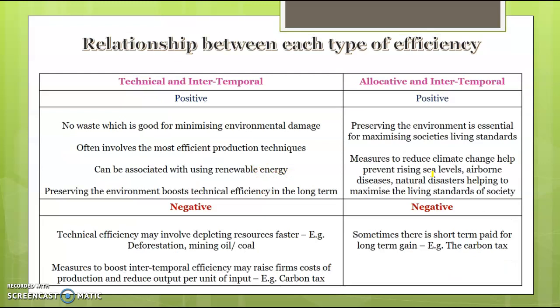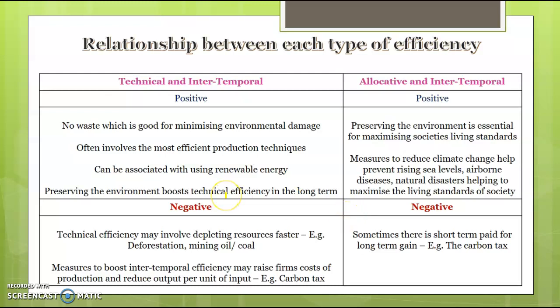Technical and intertemporal, the positives and negatives here. The positives are that there's no waste, which is good for intertemporal efficiency. So if we're being technically efficient, we're not wasting resources. So we're not wasting paper, for example, because we're trying to minimise costs and maximise productivity. It can often involve using more efficient production techniques, which can be good for the environment, can be associated with using renewable energy.